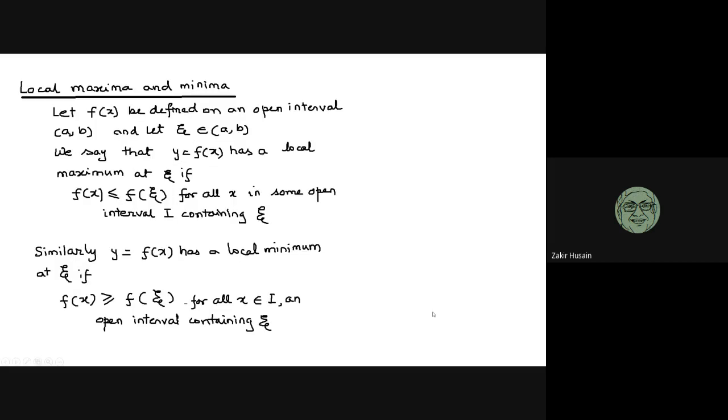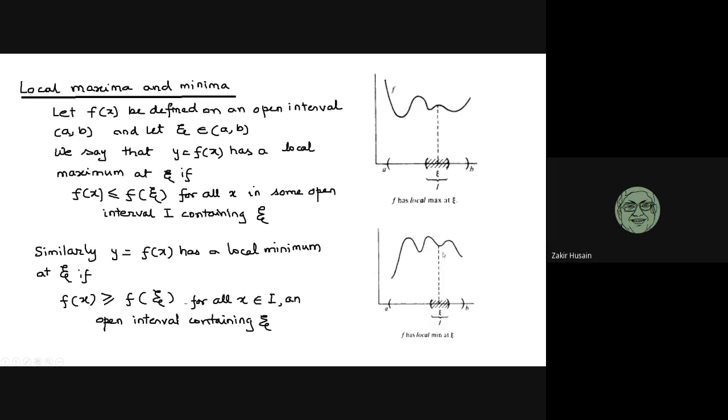Similarly, we can define a local minimum using this condition that f(psi) will be less than or equal to f(x) when x is some point in the neighborhood of psi. So over here you can see we have taken a small neighborhood around x equal to psi, and this represents the maximum. Over here again we have taken a small neighborhood and this represents the minimum.